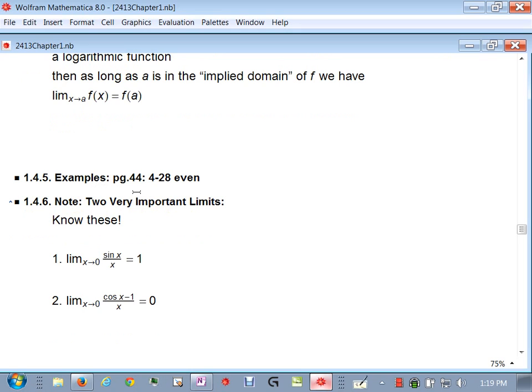That's all today is going to be about. How do we do limits algebraically? So I'm going to start 1.4. I'm going to start working through some evens here, starting with number 4.